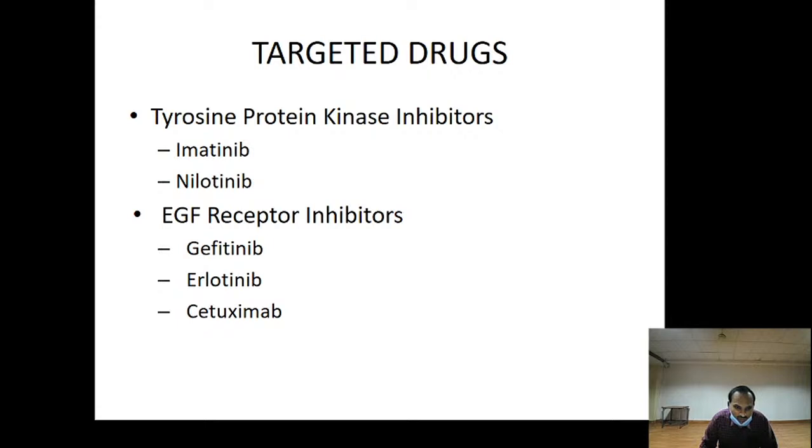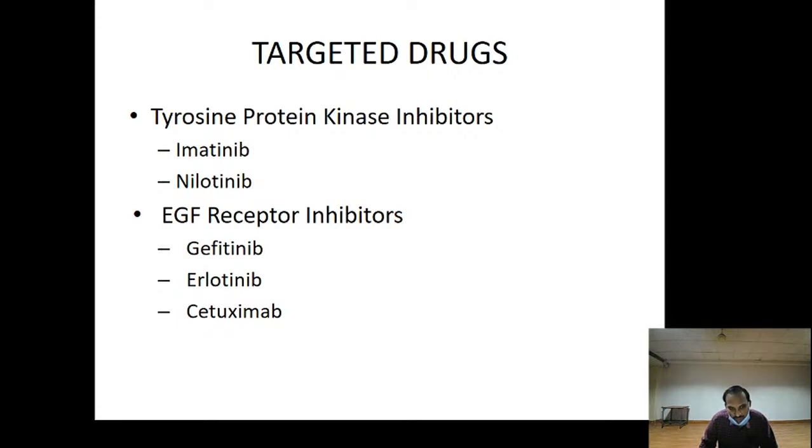It is also useful in malignancies related to head and neck, and in malignancies like colorectal cancer. But one important adverse effect in the long term with both gefitinib and erlotinib is that they can lead to hepatic dysfunction and also interstitial pulmonary fibrosis.